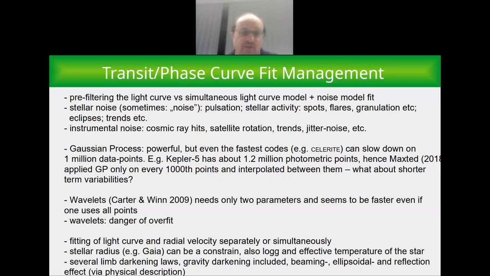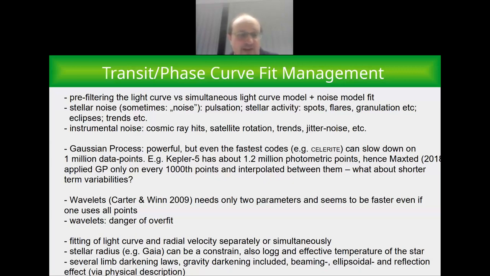For Kepler-5b, using all the 1.2 million data points, I received a light curve solution within 6 hours with the wavelet noise model. And actually, my computer in the institute is quite old, almost 6 years old, so it is time to change, but it really worked also on this old computer.